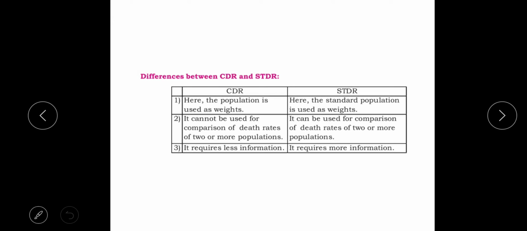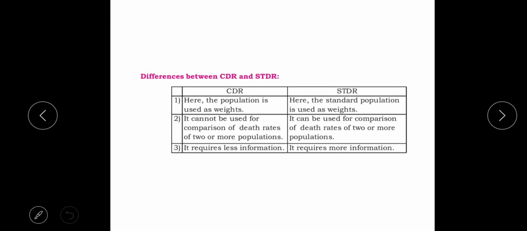And second difference, CDR cannot be used for comparison of deaths of two or more populations. So in CDR we can calculate and tell what is the death rate, whether it is decreased for our location only or not. Suppose Indian CDR is 30. That means per thousand individuals 30 are dying.